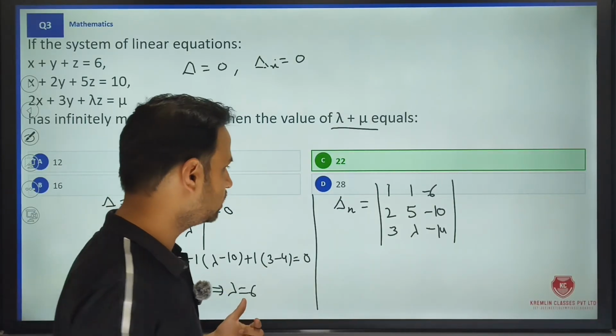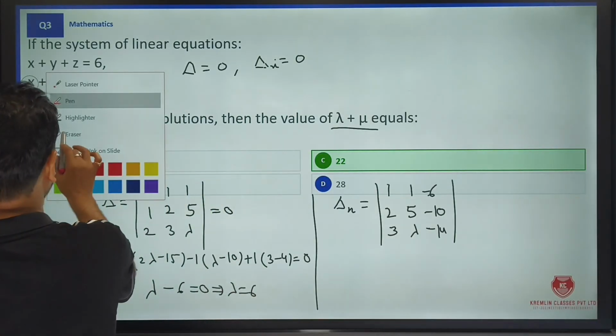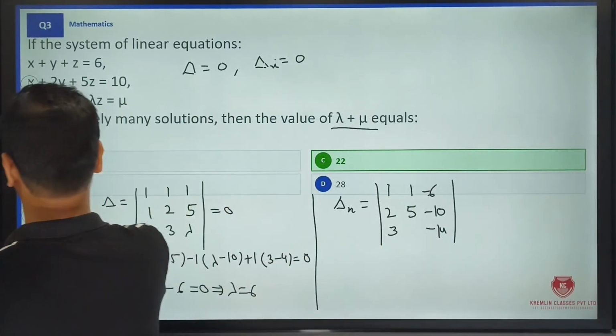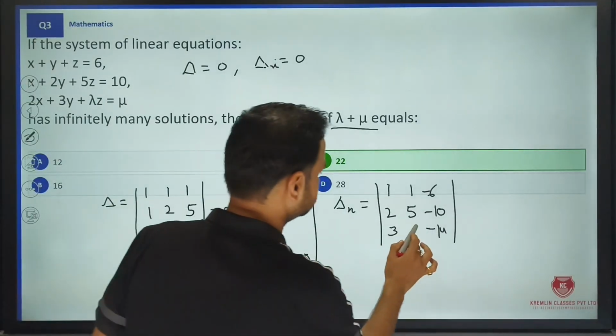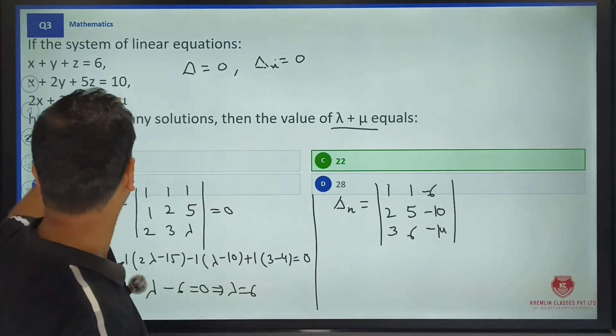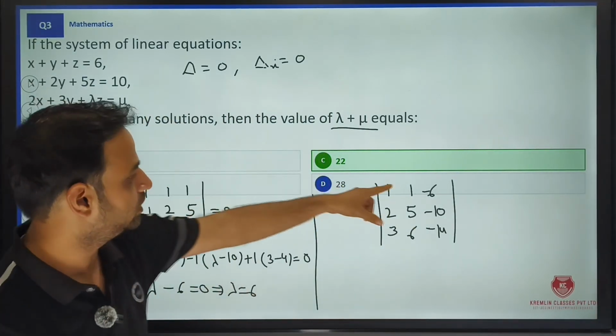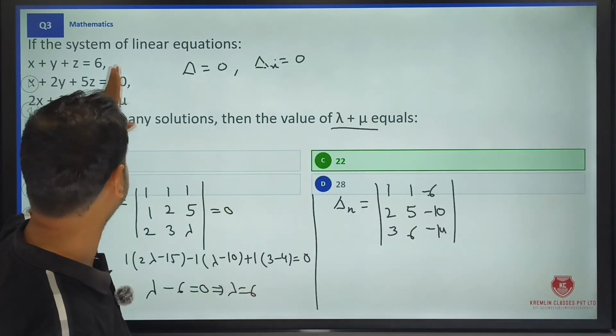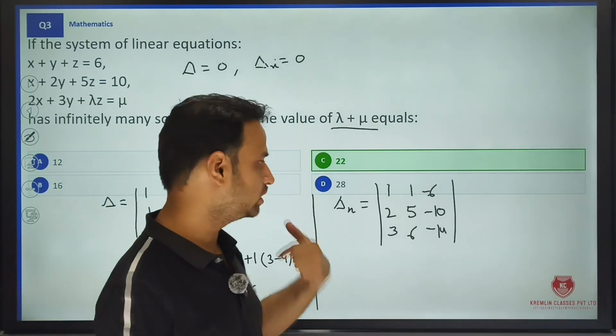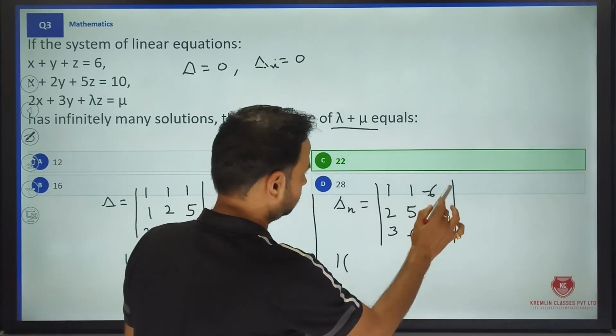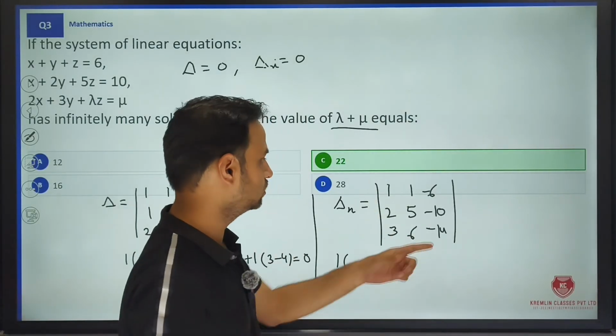And we have already found the value of lambda, so I am replacing lambda by 6. And why is it minus? Because we have shifted these towards the left hand side. So we are solving the determinant.